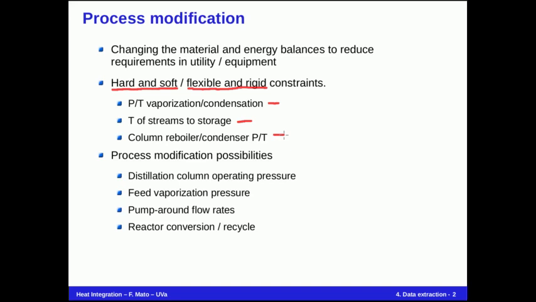The most common process modification possibilities then are the pressure in distillation column, the pressure of the vaporization of feeds to devices, the flow rates to pump arounds, and the conversion of reaction or the recycle rates.